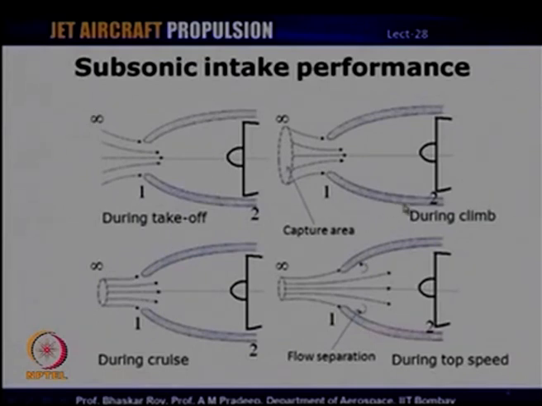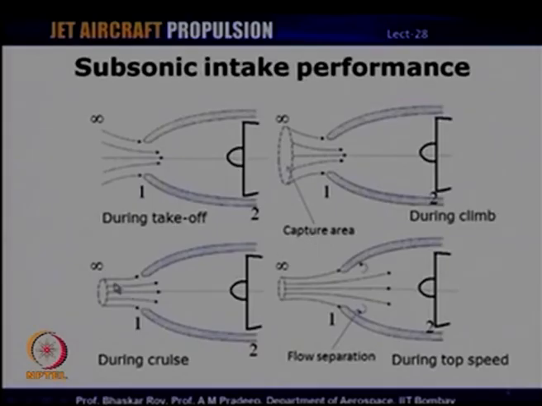Now, once the aircraft has taken off and during climb, the capture area is still high. In fact, it is larger than the intake entry area, but it is still definable. You can still associate some area with it, and that is why we have shown a distinct area for the stream tube, which is the capture area under this condition, during climb.